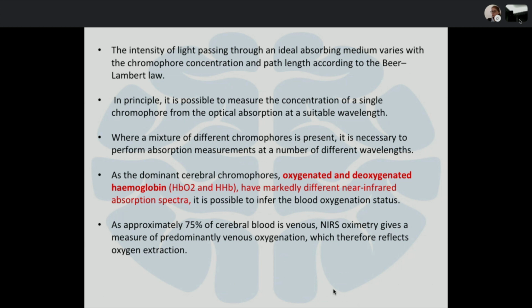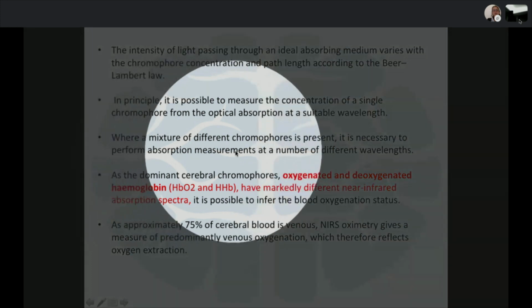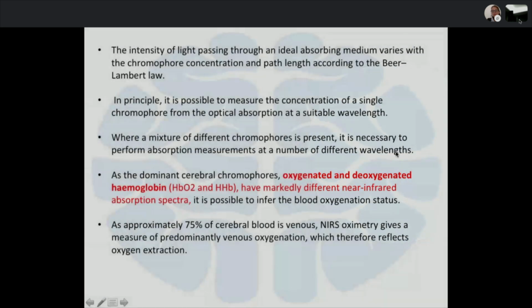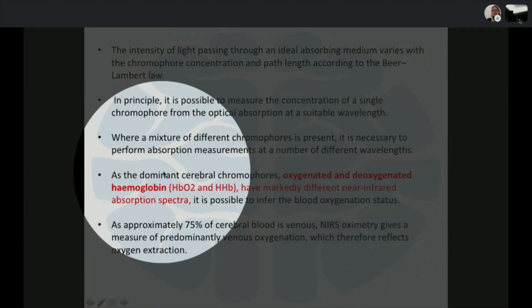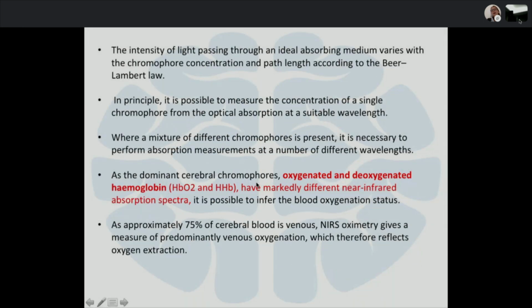To do this, we have to perform absorption measurements with a different number of wavelengths, because the dominant cerebral chromophores in the brain are oxygenated and deoxygenated hemoglobin, which have very different near-infrared absorbance spectra. So we can discriminate and assess the amount of oxygenated and deoxygenated hemoglobin.